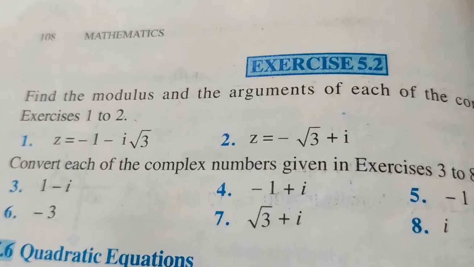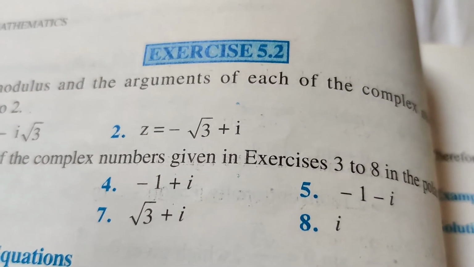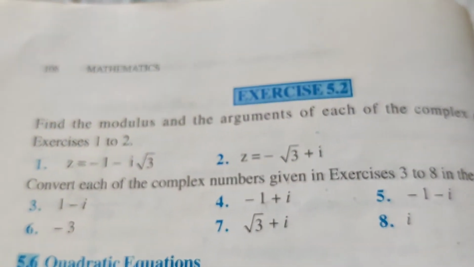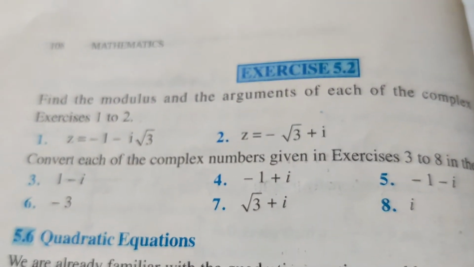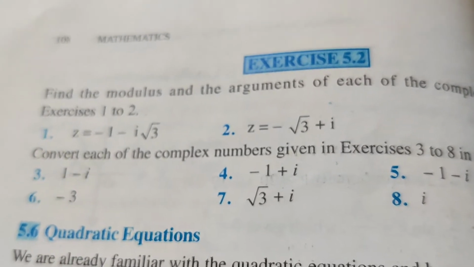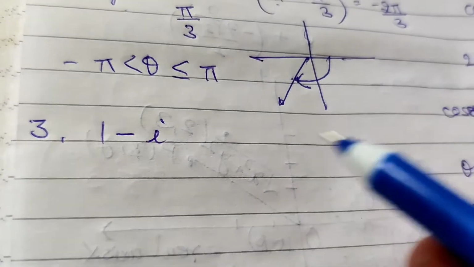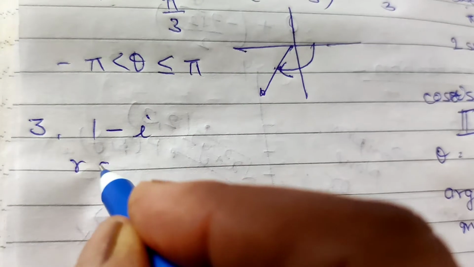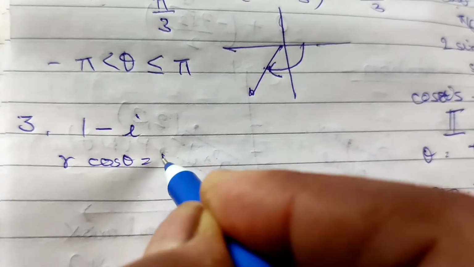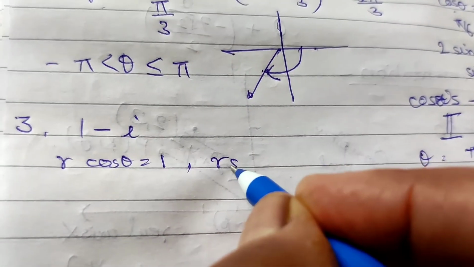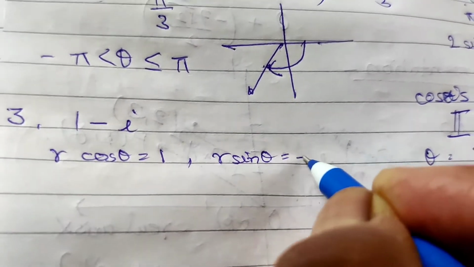Convert each of the complex numbers in the exercises 3 to 8 in polar form. Okay. Polar form is r cos theta plus i r sin theta. The question is 1 minus i. It means r cos theta equal to 1, the real part, and r sin theta equal to minus 1.